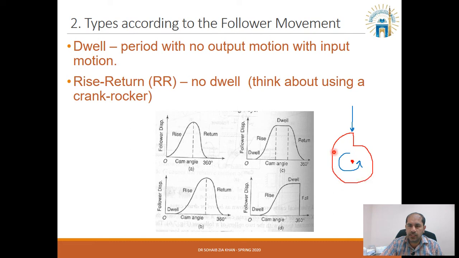If you look at the distance from the center, it is increasing, which means it will be pushing the follower up. Once it reaches the point, there is suddenly a fall. So it will come back to its base position, or you can say the initial position. It will create a sudden jerk, but besides that, this is how this graph can be explained.